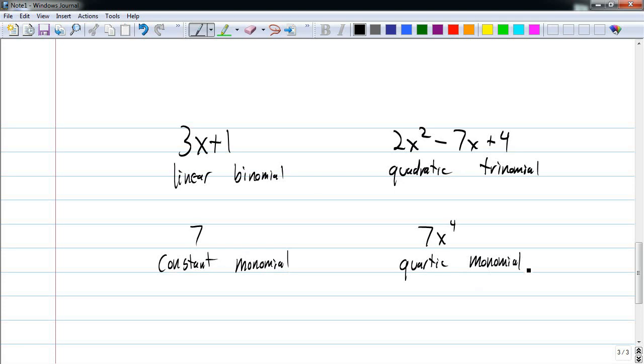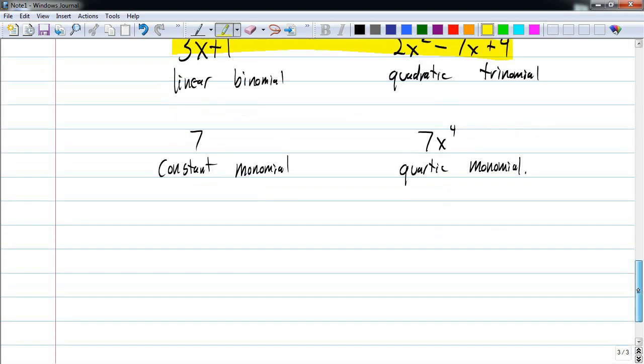Okay? Now, adding and subtracting, it's all about like terms. So suppose I wanted to add these two things together. Let's go to a new page here. Let's talk about adding and subtracting. Let's do this right.